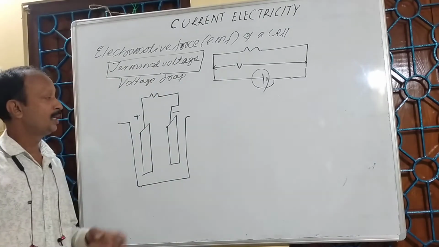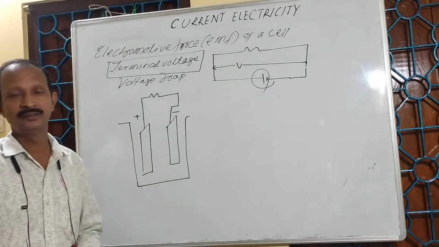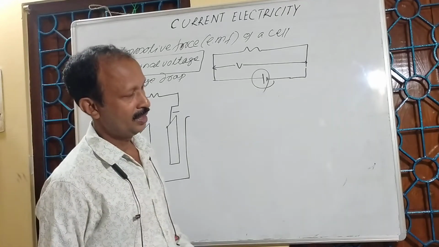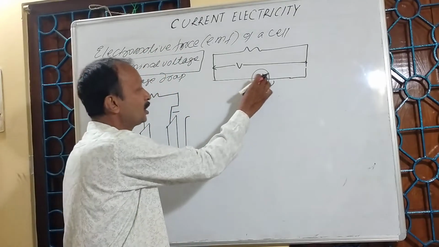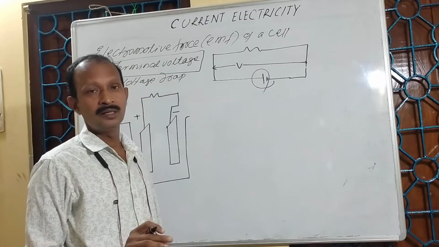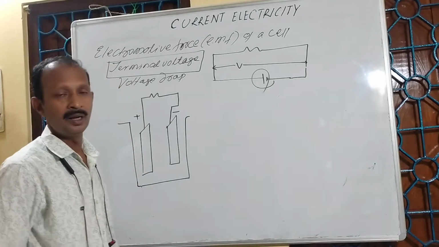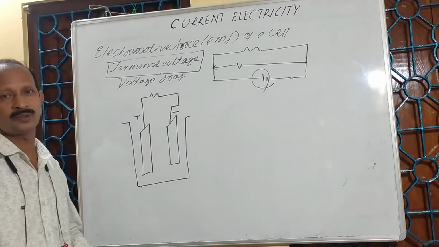That means the cell is in a circuit. So when the cell is in a circuit, the potential difference between its two terminals is called terminal voltage. What generally we say voltage.